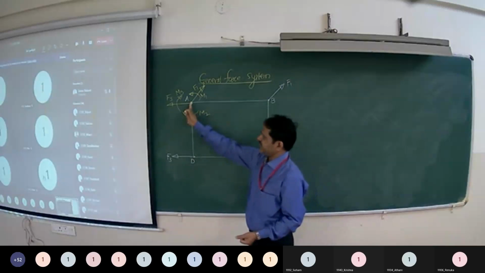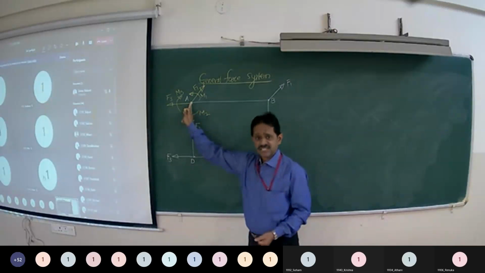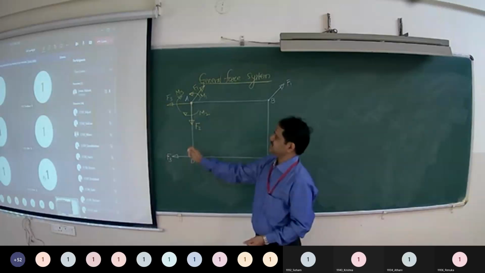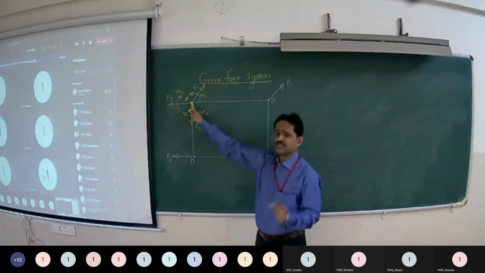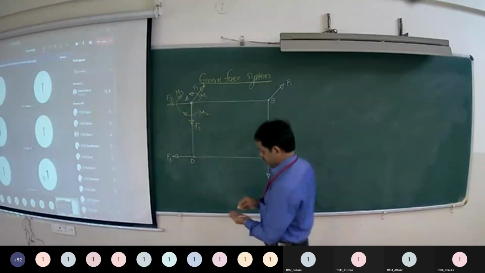Now at point A, we have a system of concurrent forces. F1, F2, F3, all are passing through point A, right?